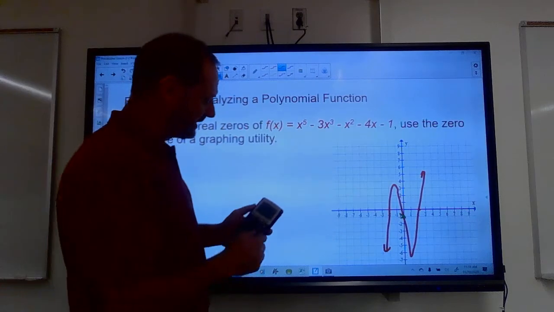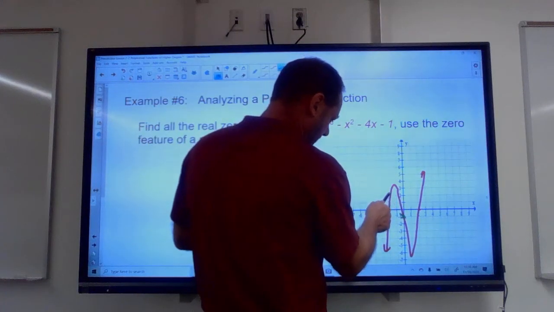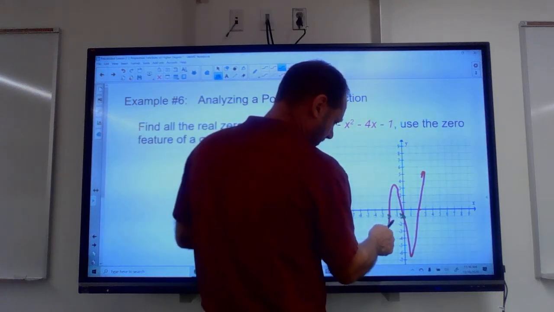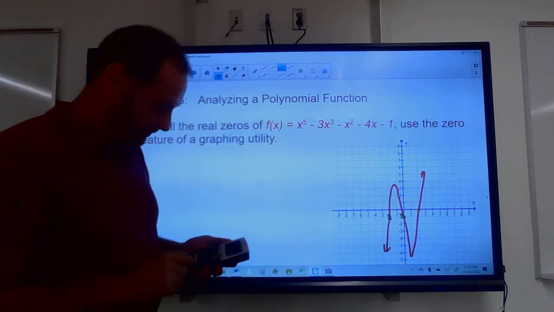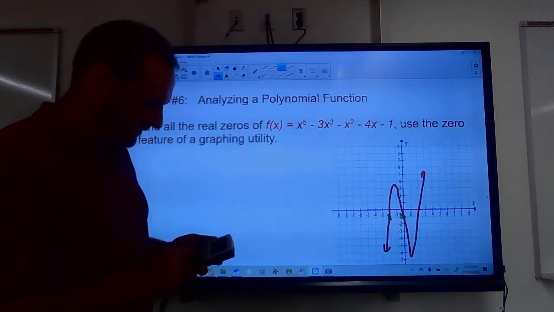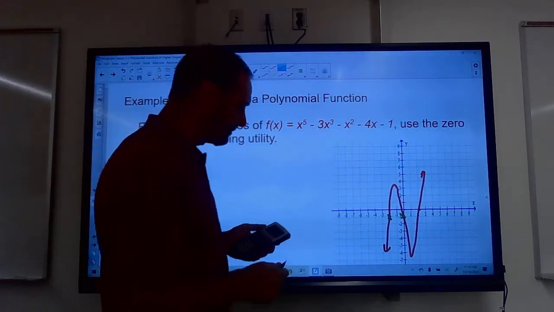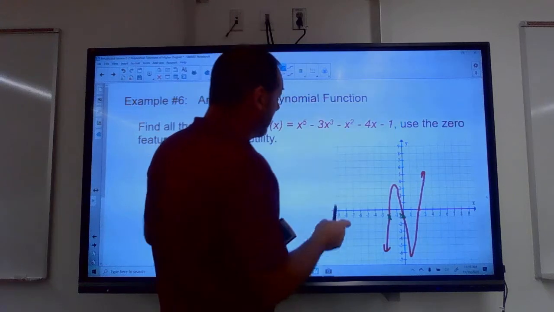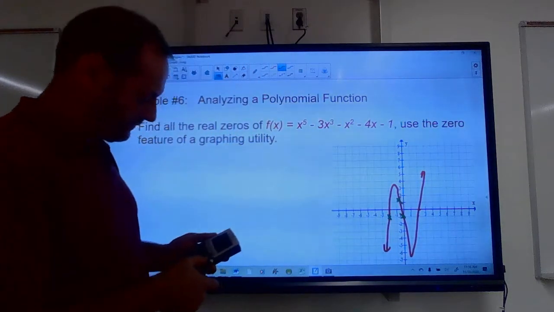And it's asking me left bound. So I need to use the left arrow key and move this over to about here. Because I want to find this zero first, and I want to be on the left side of that zero. So I'll arrow over there. I hit enter. Same process as last time. Now it's asking me right bound. So now I want to move the x over here somewhere. So I move it to the right.